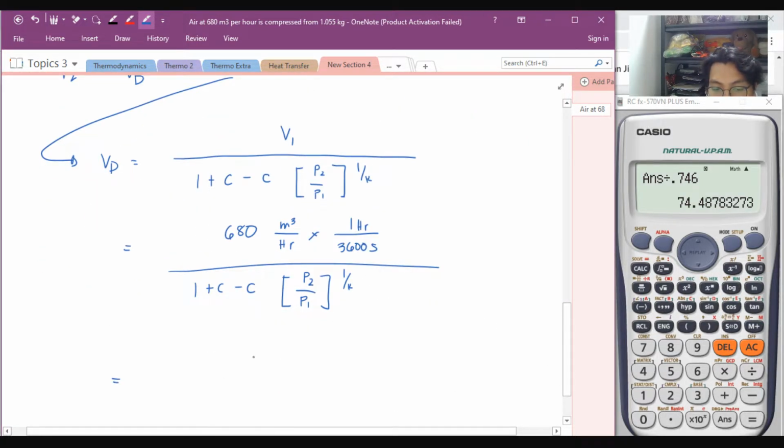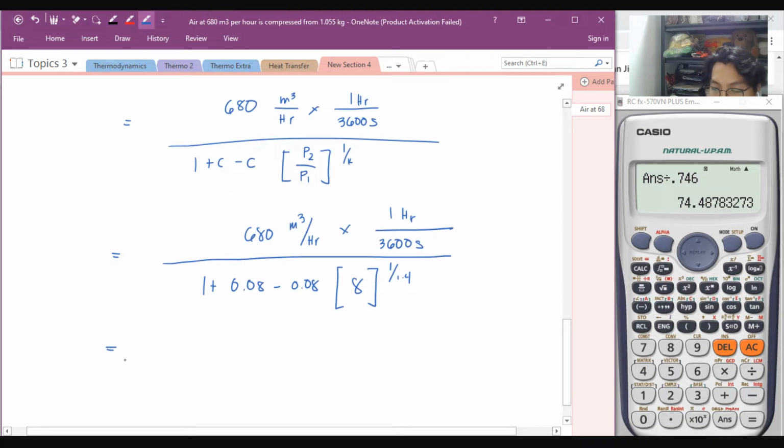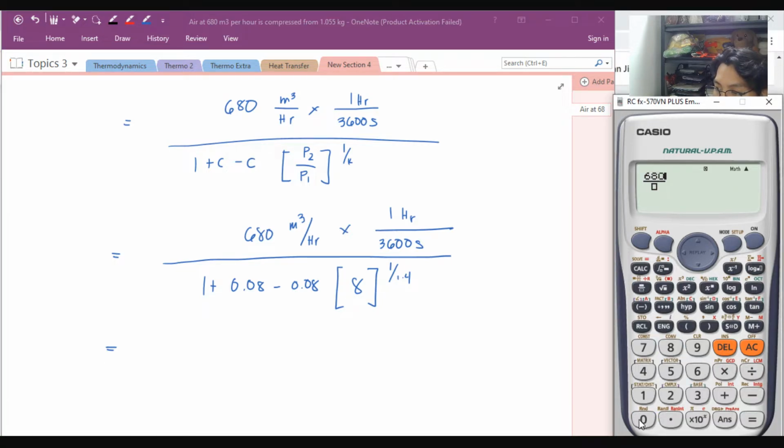Okay? So, 680 M3 divided by that, multiplied to 1 hour in every 3,600 seconds. Then the clearance given there, 1 plus 0.08 minus 0.08 multiplied to the ratio of the pressures, that is 8 raised to 1 over 1.4. So, I can now get the volume displaced. The volume displaced for the system is 680.